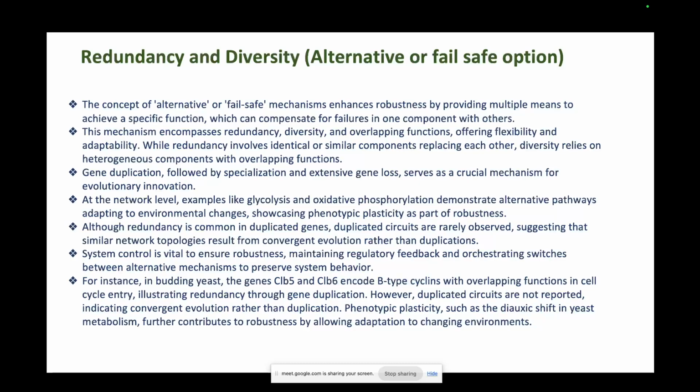It does not work like that, because you can have multiple other phenotypes and disease states. So the idea is to have alternate or fail-safe options, but duplication is one of them, and it's not a very good option. That is what it is trying to say here, that the circuits are not duplicated. You can have duplicated genes, but if you do not have duplicated circuits, the whole function actually does not change much, right? So it actually is not a very good idea to have it.